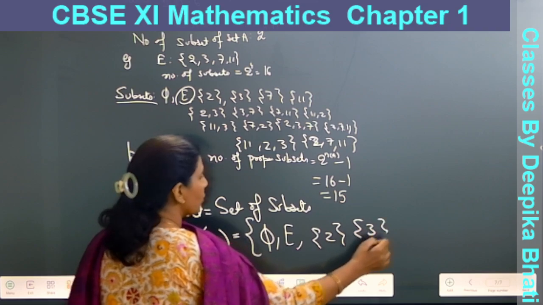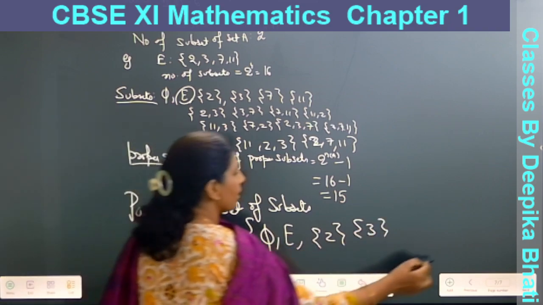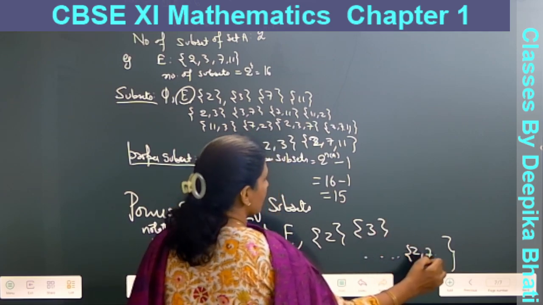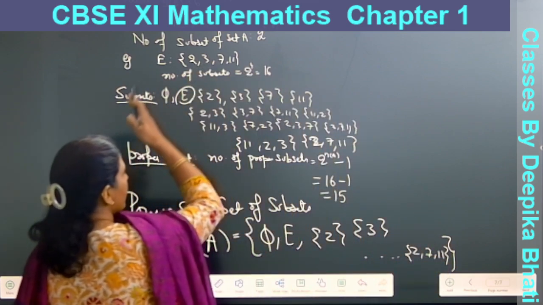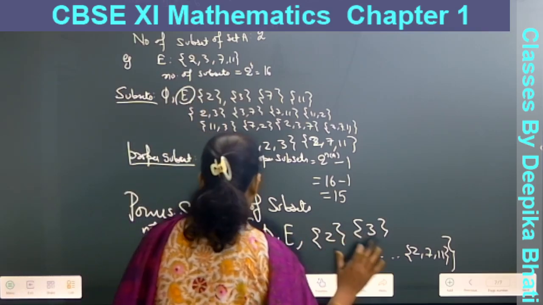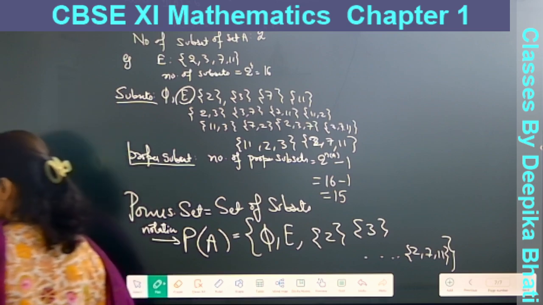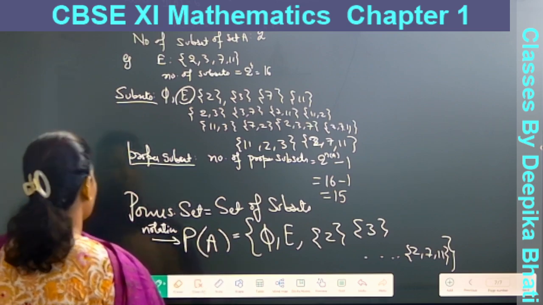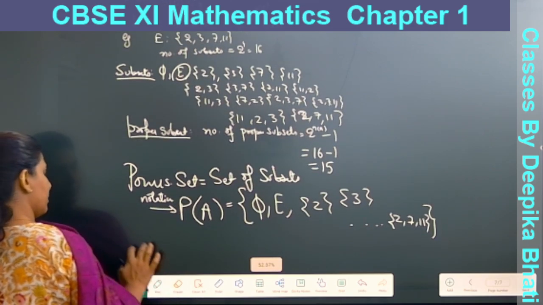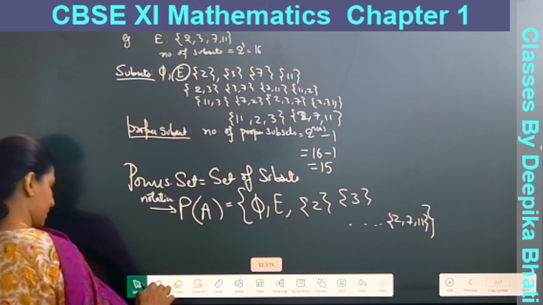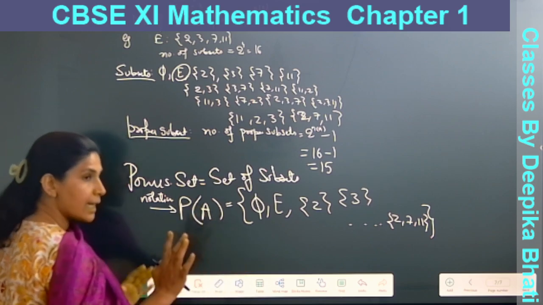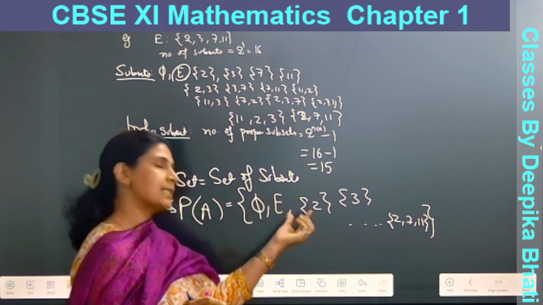So we just need to keep curly brackets at the beginning and curly brackets at the end. All these subsets, when kept in curly brackets, become the power set. Is that fine? This is the power set, and {2, 7, 11} belongs to P(A). Yes, you are right. So a set can consist of sets also.